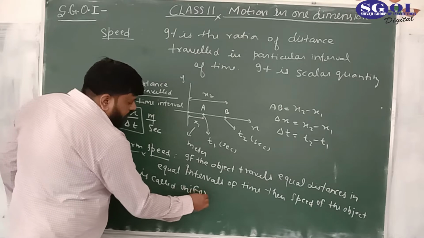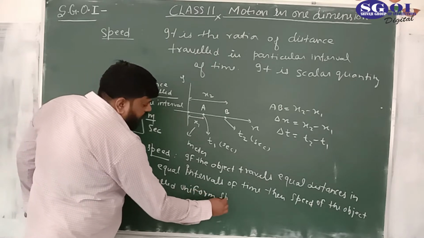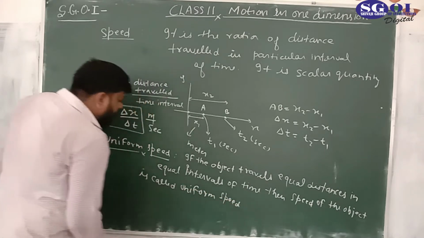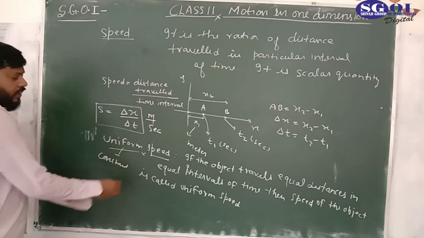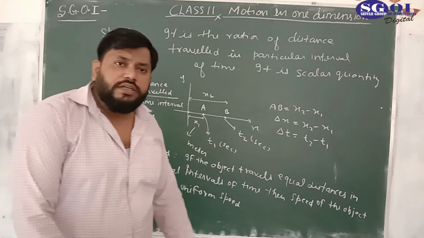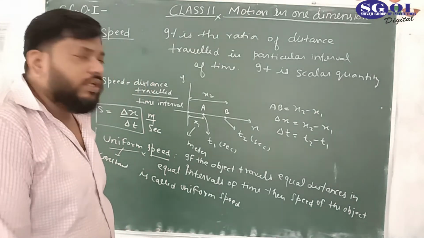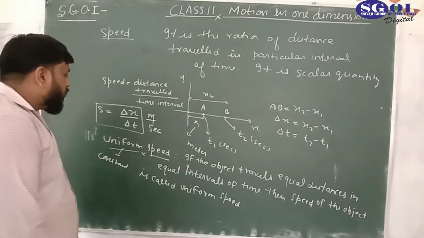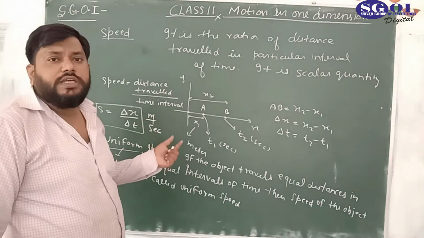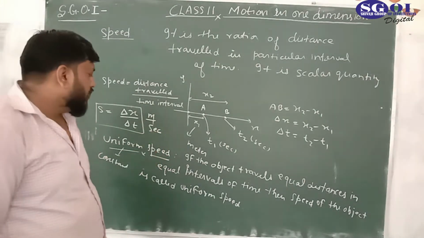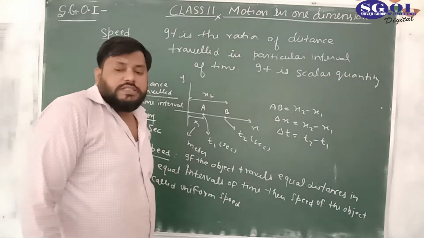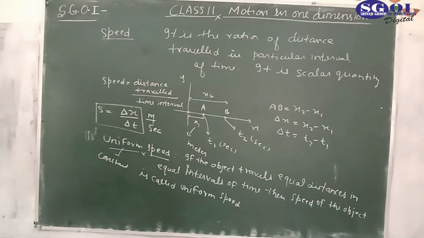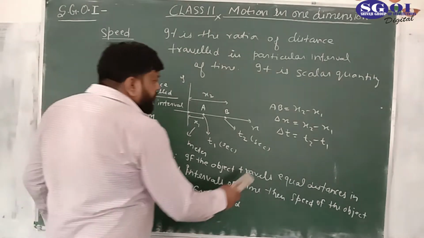The word uniform means constant. It means the speed of the object is not changing during the motion. So this type of speed is called uniform speed, when the speed of the object is not changing with respect to time.